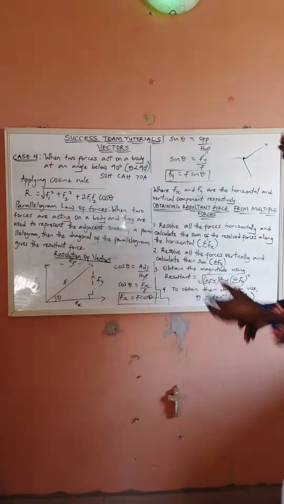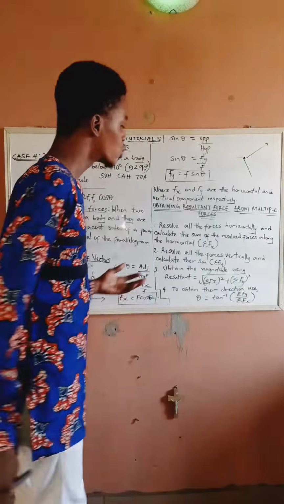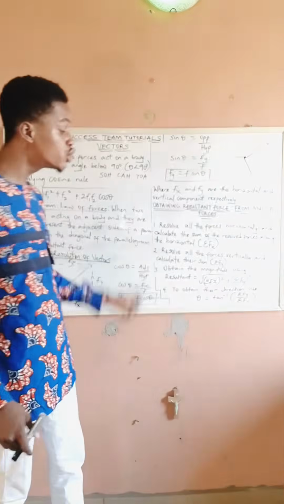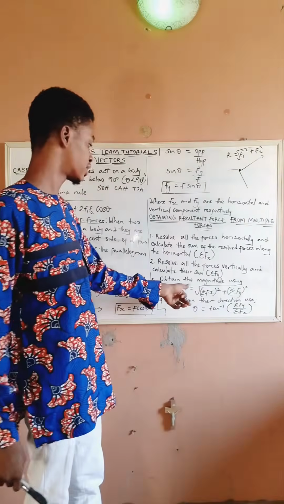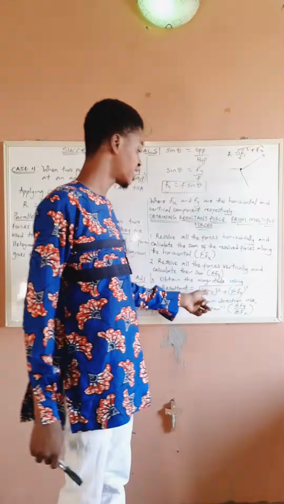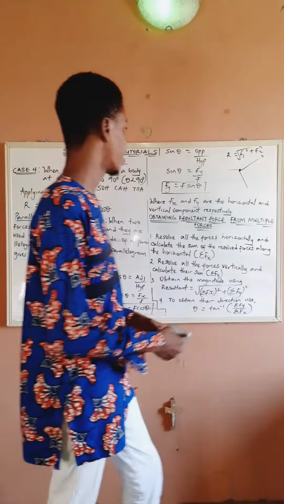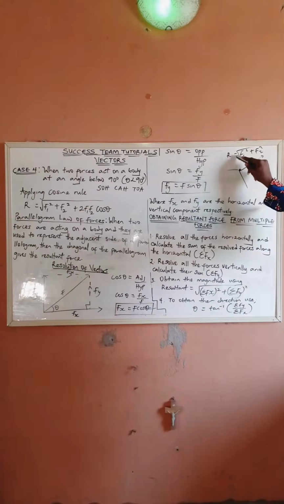And then after you do that, if you now want to obtain the magnitude of the resultant force, you use this formula. Resultant force R is equal to the square root of (ΣFx) squared plus (ΣFy) squared. If you can remember, I gave you the formula R equals the square root of F1 squared plus F2 squared.